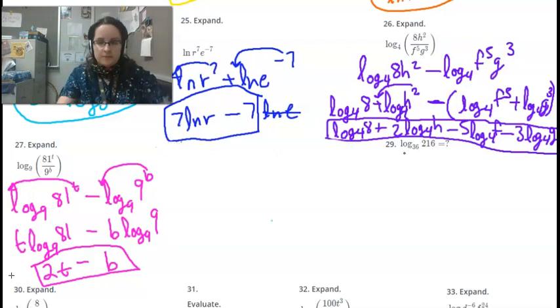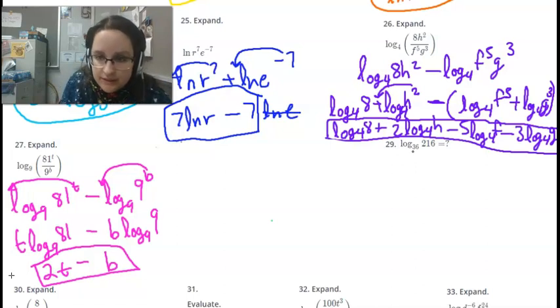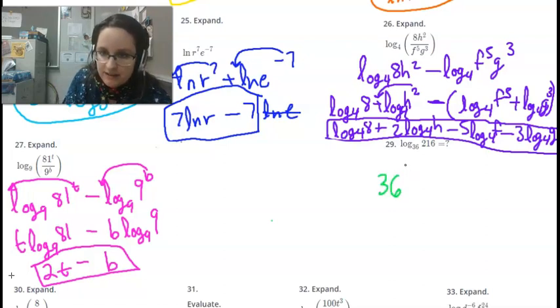We'll skip number 28. 29 says log base 36 of 216 equals x. So remember, it's the same thing as 36 to some power equals 216.